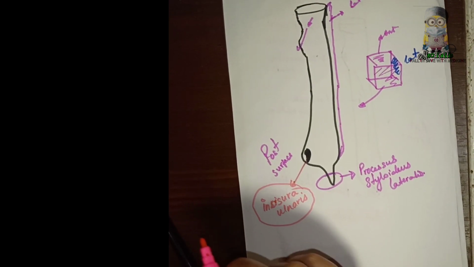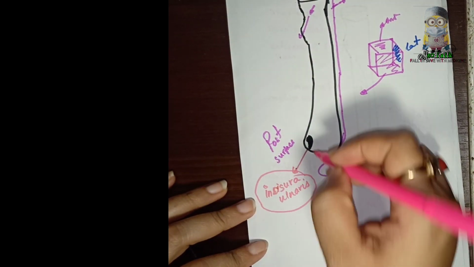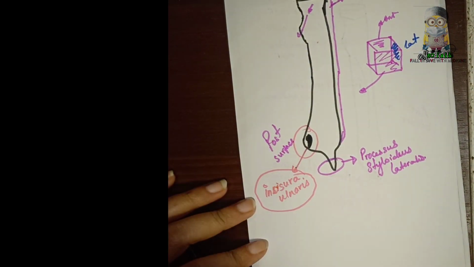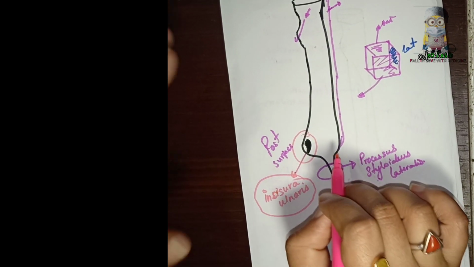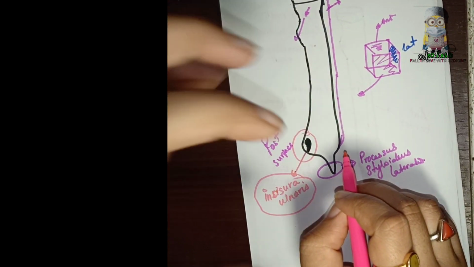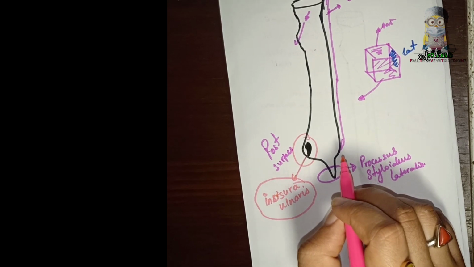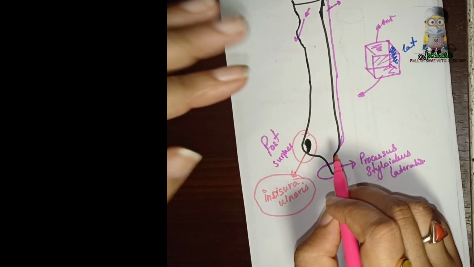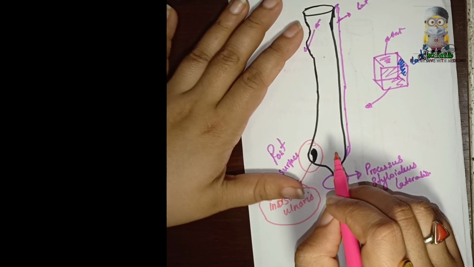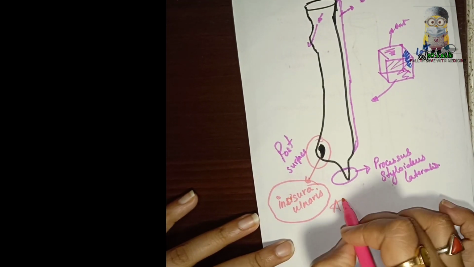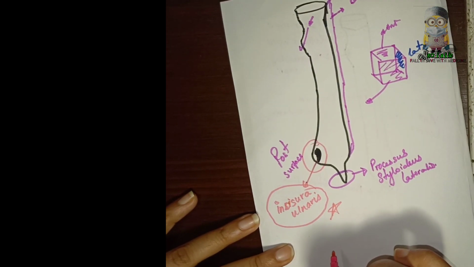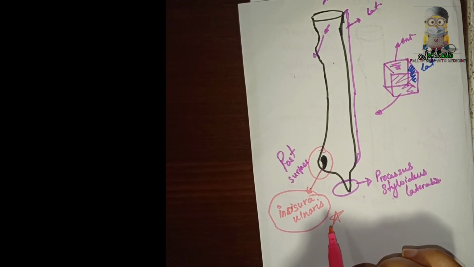Because the ulnar bone will join here on the radius bone. That's why it is known as incisura ulnaris: the incisura where the ulnar bone will join, but on which bone? The radial bone. So don't forget about this incisura. It's an important incisura that joins the ulna and radius.